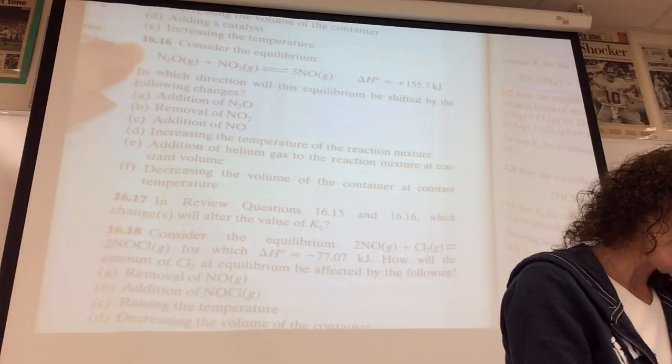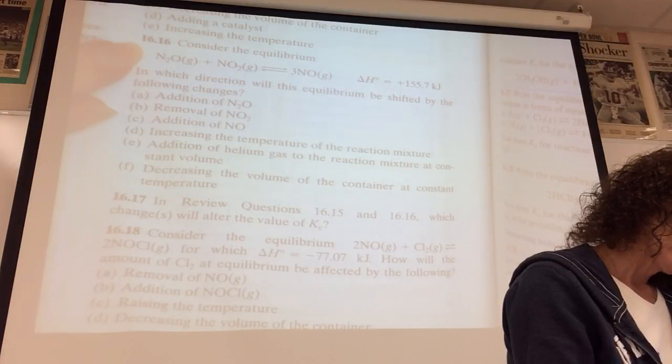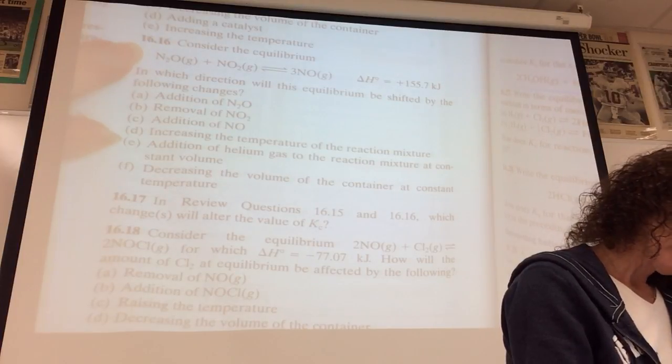If I add dinitrogen monoxide, equilibrium shifts to the right is correct. If I remove nitrogen dioxide, sorry, it shifts to the left. If I add nitrogen monoxide, it shifts to the left. If I increase temperature, the energy's right here, so it shifts to the right.